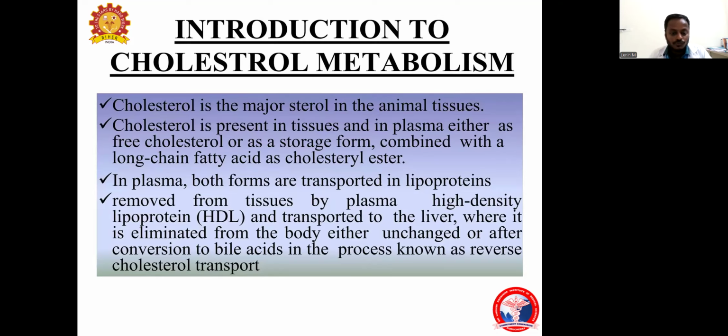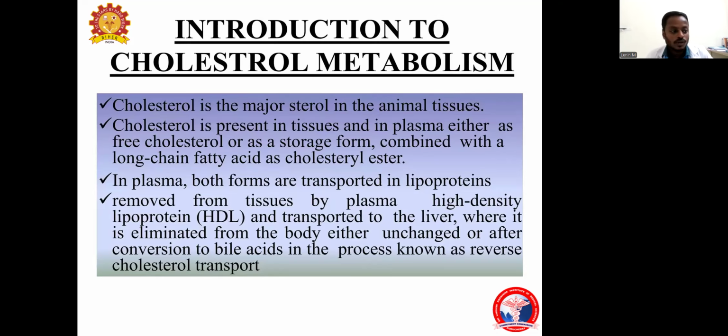In the plasma, both forms are transported in lipoproteins, removed from the tissues by the plasma lipoprotein and transferred to the liver, and eliminated from the body either unchanged or after conversion to bile acid, in the process known as reverse cholesterol transport.